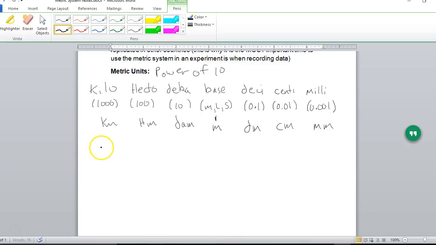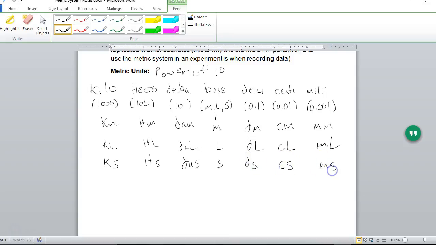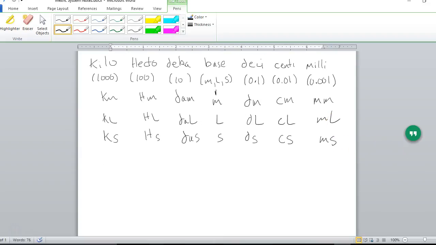Then kiloliter, hectoliter, decaliter, liter, deciliter, centiliter, milliliter. Same thing with seconds, prefix with the base: kilosecond, hectosecond, decasecond, second, decisecond, centisecond, and millisecond.